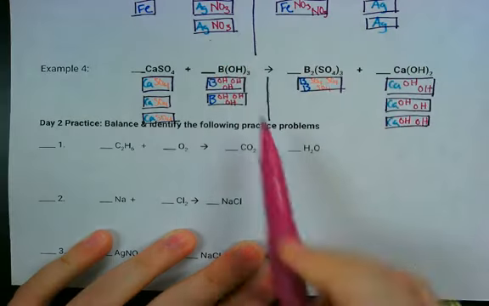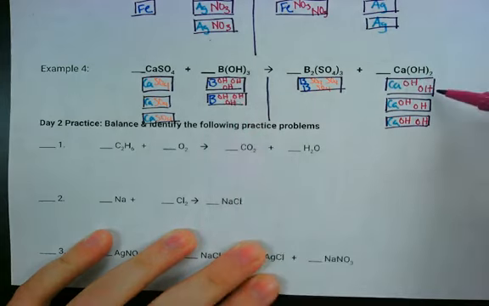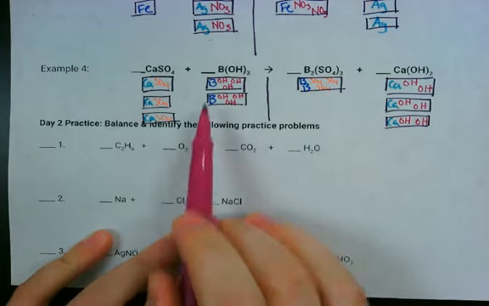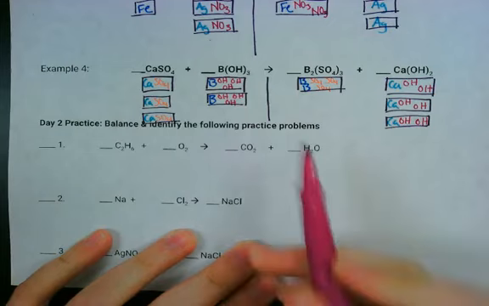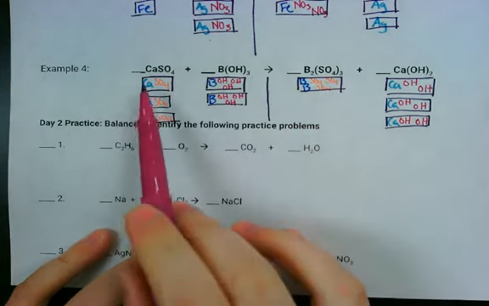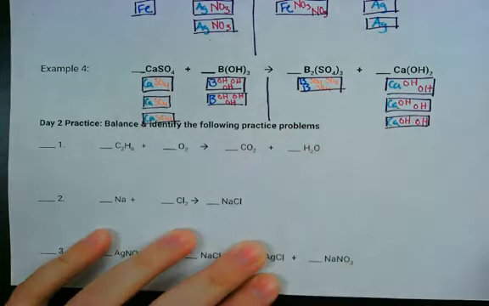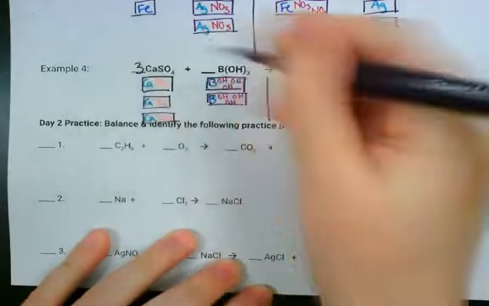Okay, so now we have 6 OH on each side. And our borons, 1, 2, 1, 2. Double back, make sure that the calciums and the sulfates are the same. 3 and 3 on each side. Looks like everything is balanced, so our coefficient becomes the number of boxes.